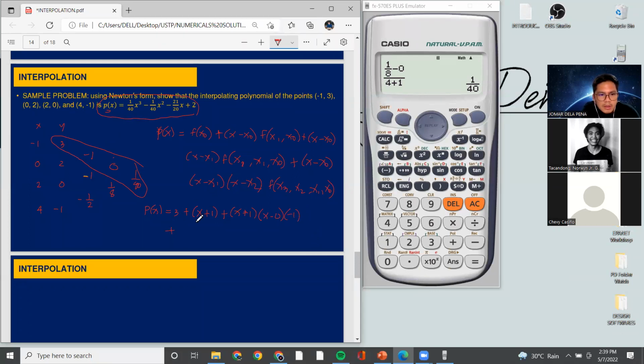Plus x times x minus x sub 0. That is equivalent to x plus 1. Then x minus 0. And the x minus x sub 2 is ila? x sub 2 is 2 minus 2. Okay? Diba? X plus 1. Then, no?